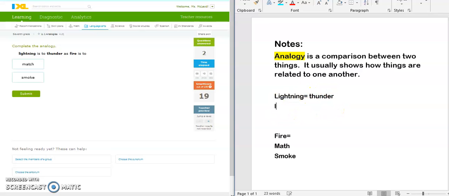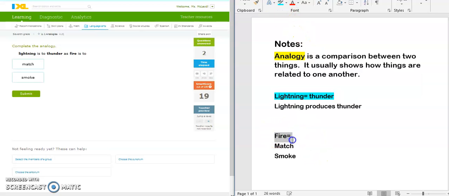So I know that lightning produces thunder. So then down here, I need to see what is something that fire can produce? Because remember, it's an analogy. I want the same relationship, the same comparison. Lightning produces thunder. So that's why lightning equals thunder, right? So what does fire produce?